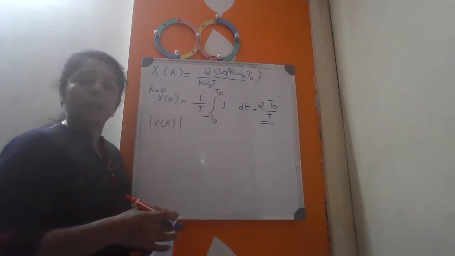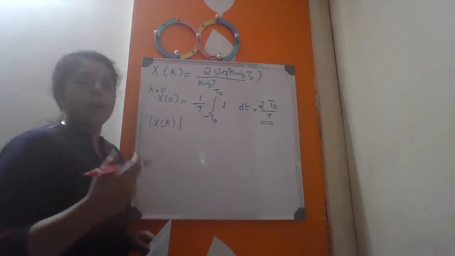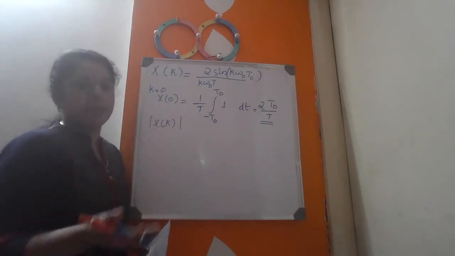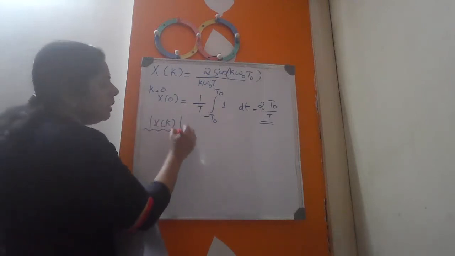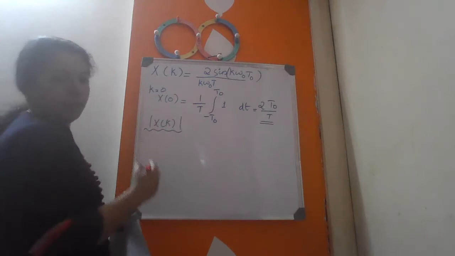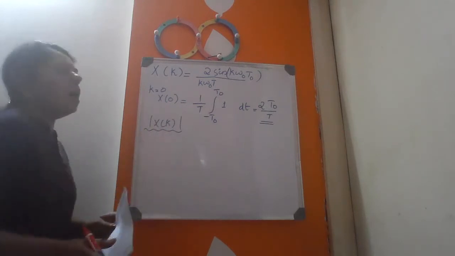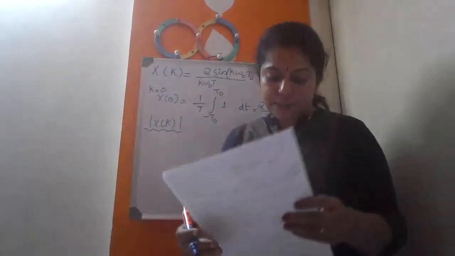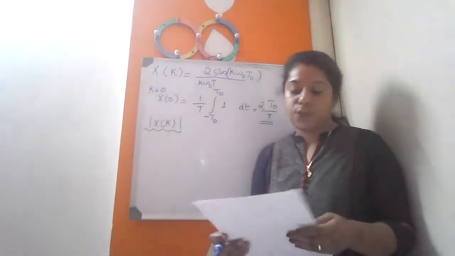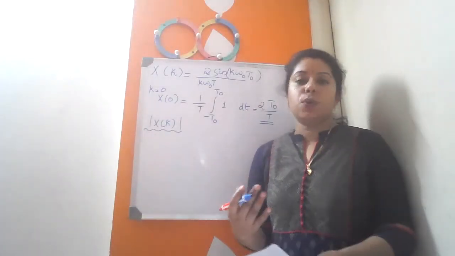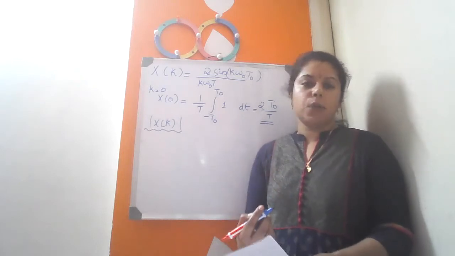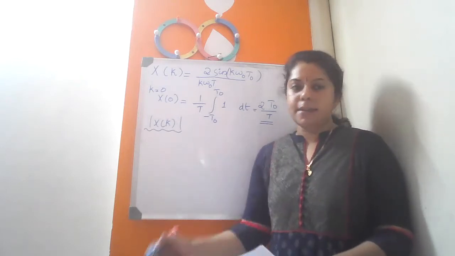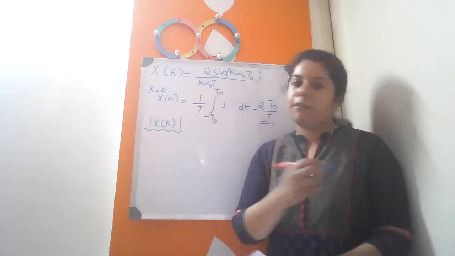But I don't have any imaginary part, so it will be the square root of real part square, which is obviously equal to the real part itself. So I'm going to calculate my magnitude part. For this purpose, you have to substitute different values for k. Let us start substituting the values from minus 3 to plus 3, just like we did for the previous problem.